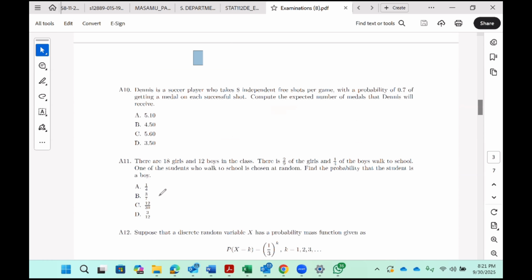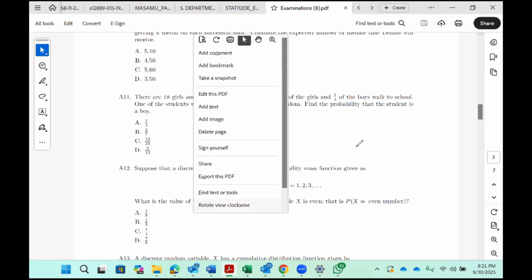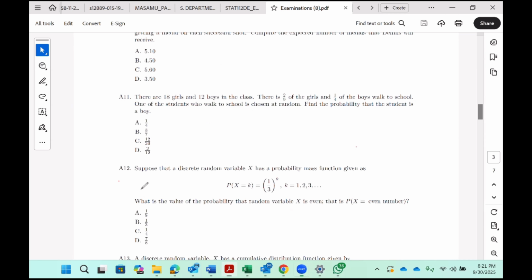So for us to be able to do that, it's important you draw your tree diagram, which looks like this. So I have 18 girls and 12 boys. So that would be 18 over 30, this is for girls.